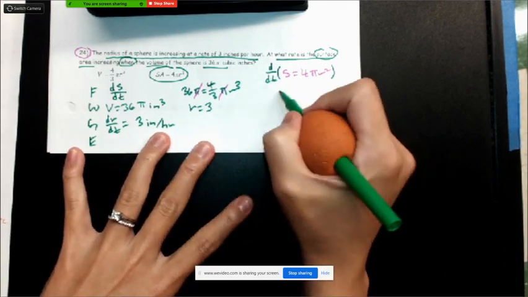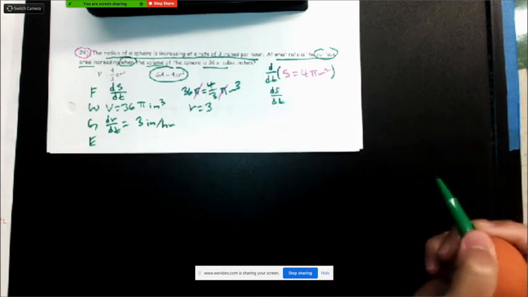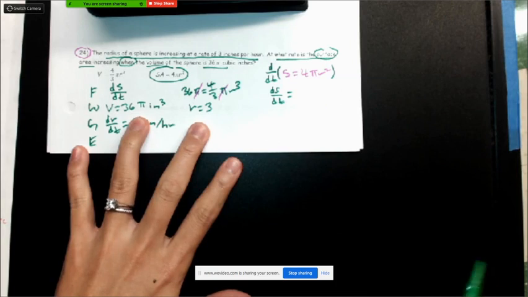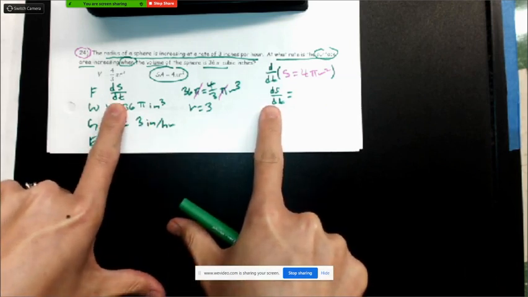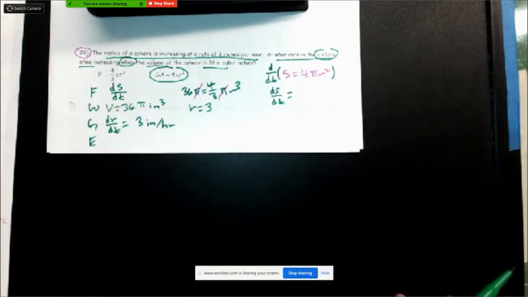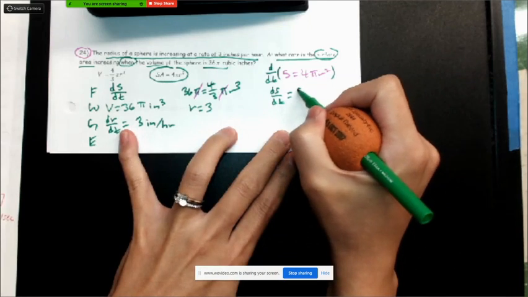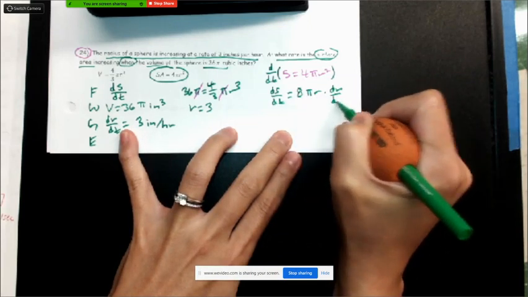So I'm not going to write the 1 since it's understood. I'm just going to write ds over dt is equal to. So here's what's nice. We're looking for ds over dt, and that's already by itself. And that's always good. What is the derivative of 4 pi r squared? 8 pi r, and we need dr over dt.